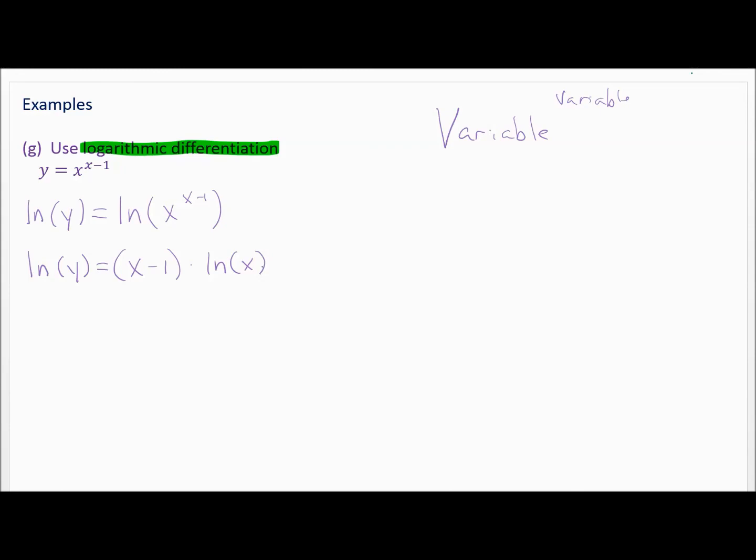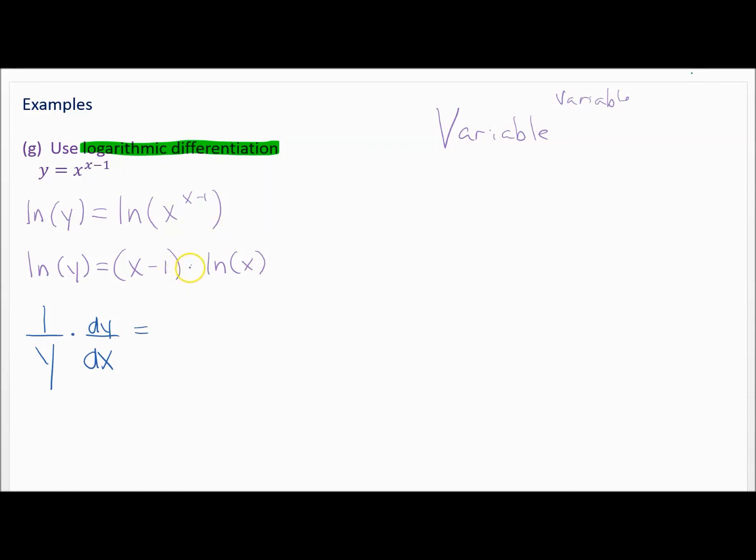Now it's time to evaluate the derivative. So I'm going to change colors just because this is like another step. Now, when you use logarithmic differentiation, and when you take the derivative of y, remember you have to put times dy over dx. So the derivative of natural log of y is 1 over y, but I have to put times dy over dx because I took the derivative of y with respect to x.